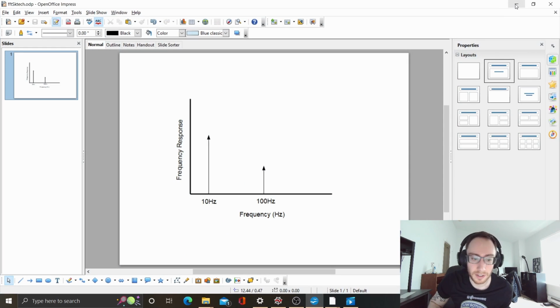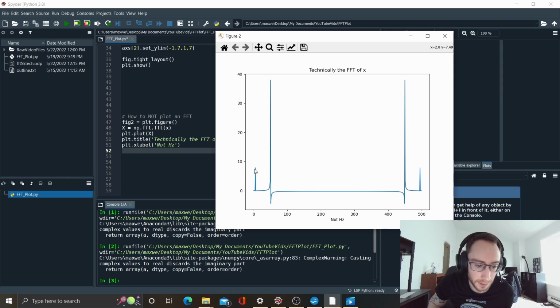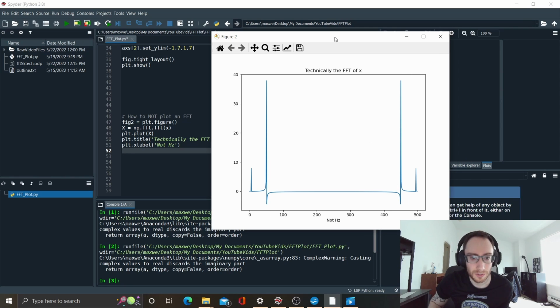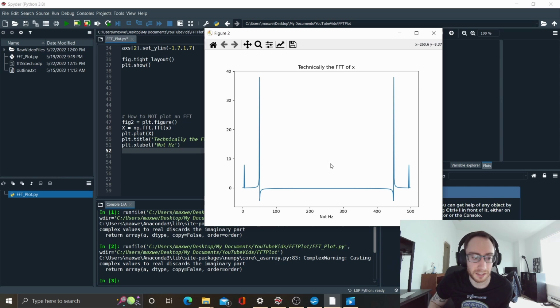But let's look at where they are. We have this first spike at around, say, 5, and the second spike at around, say, 50, that goes up and down here. And then there's a mirrored pair over here. So this is what you would actually get from running this code.